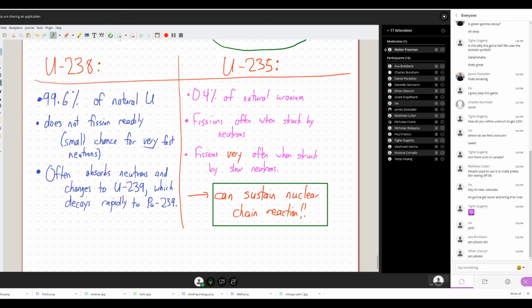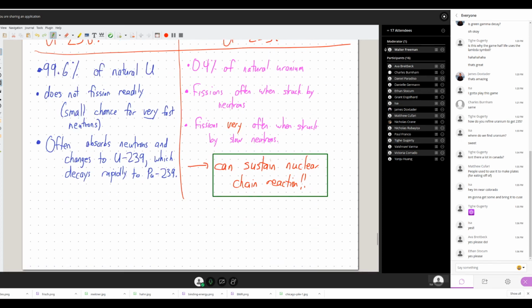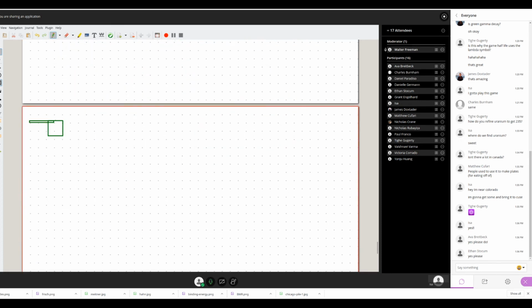So if you want to make a sustaining nuclear reaction, then what do you need to make a nuclear reactor? Let's talk about this. Actually, let's talk about bombs first.